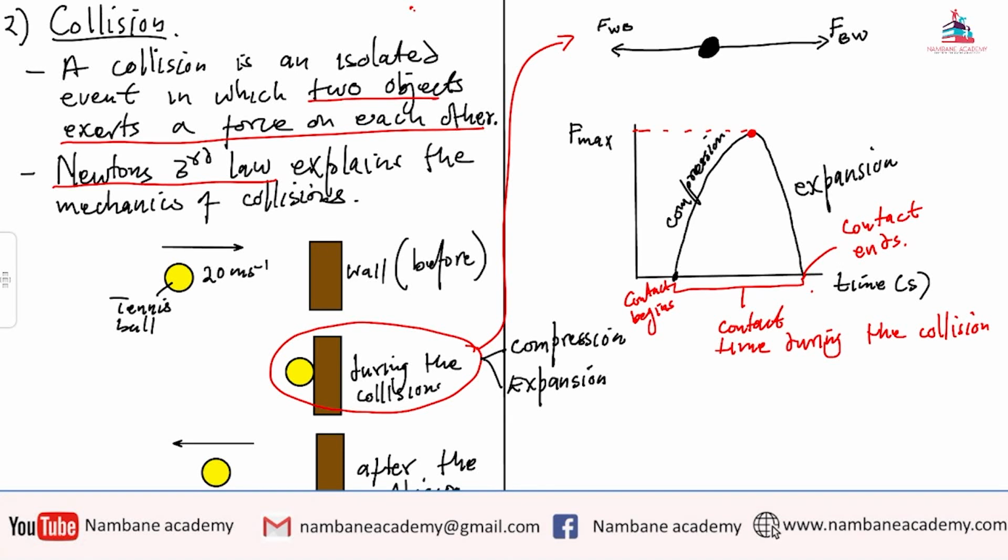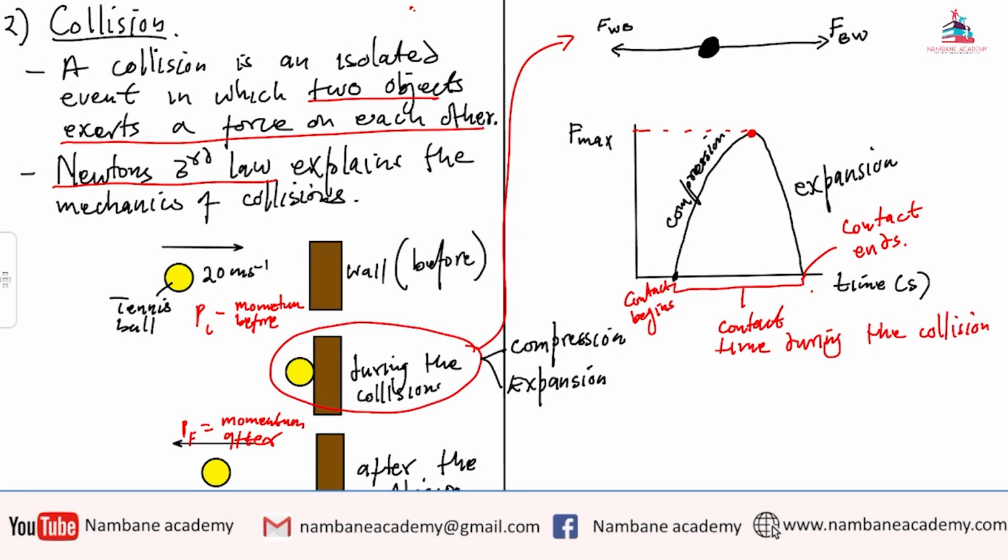But what does this say to me? It says I now have PI. What is this PI? PI is momentum before. And I'm going to have PF, which is momentum after.